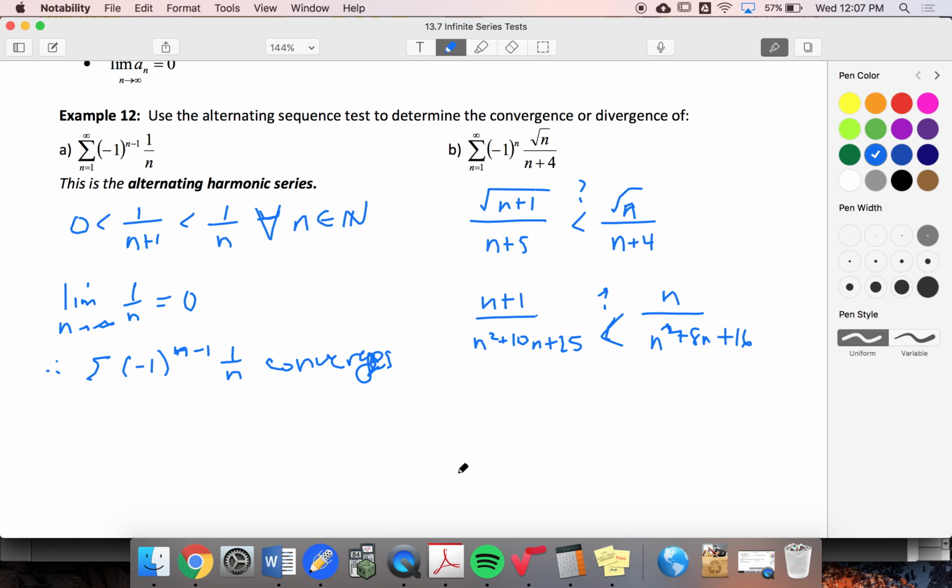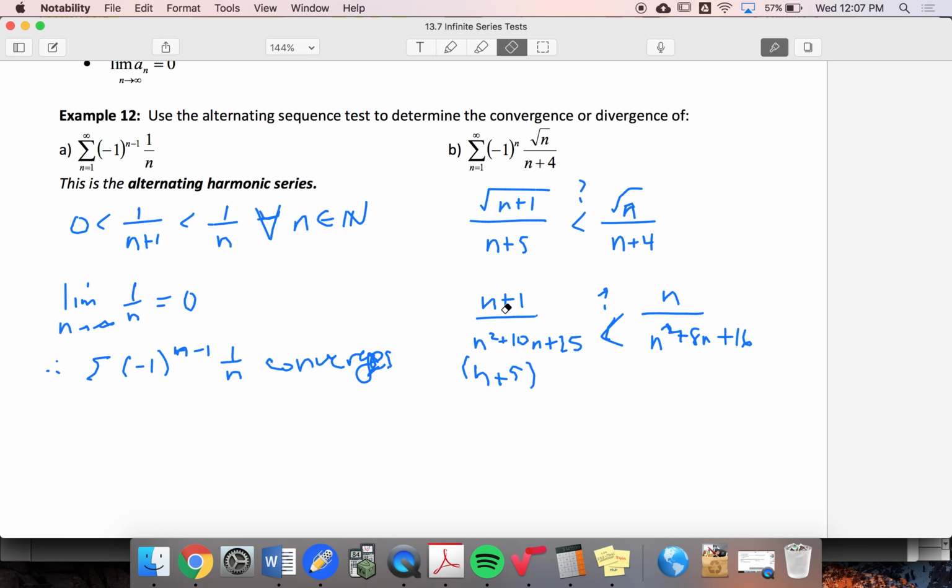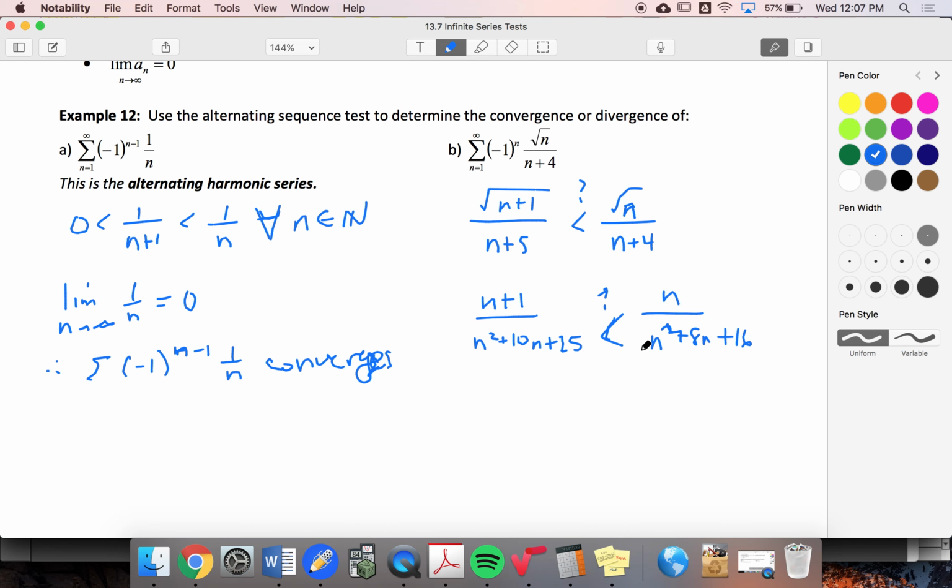Is it true? Have you guys looked at them? What is this? Oh, it's n plus 5 squared. Of course that's positive because it's just shifted over 5 to the left, always greater than 0. Both of the denominators are positive, so I can move it to the other side. I'm going to put it together, making a common denominator.